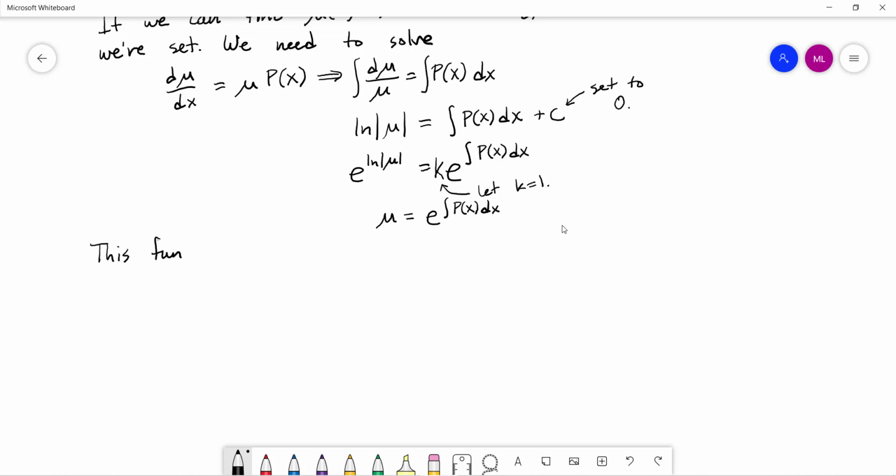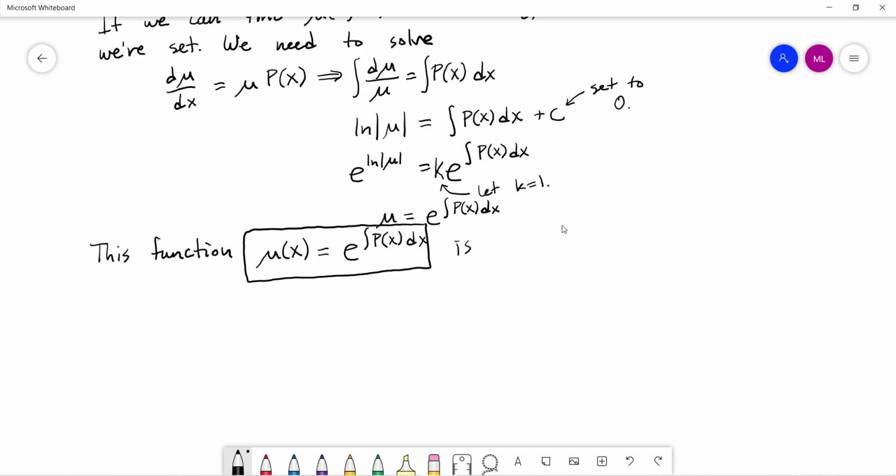So this function mu of x equals e to the integral of p of x dx, I've got right here, is our integrating factor.